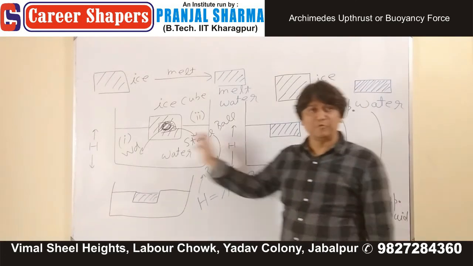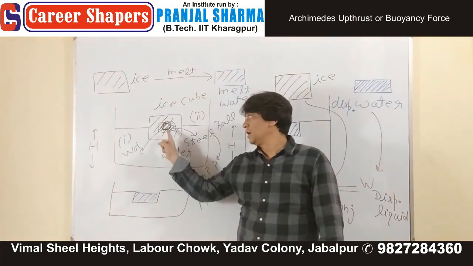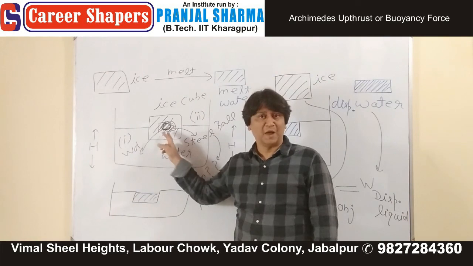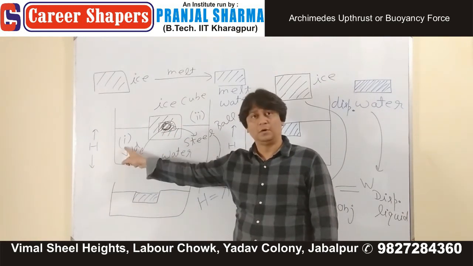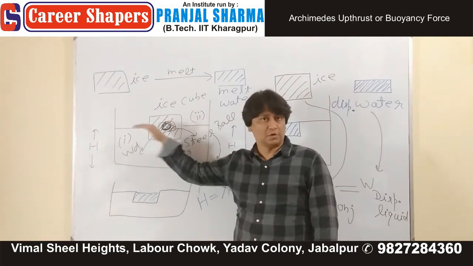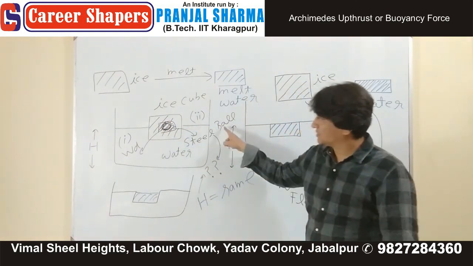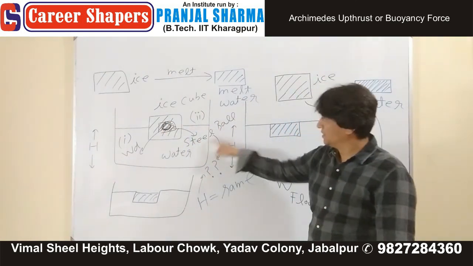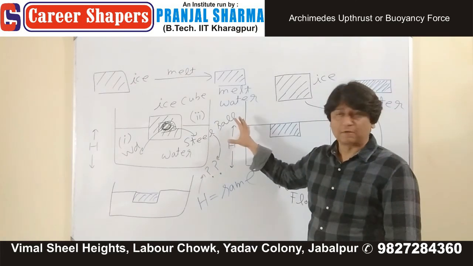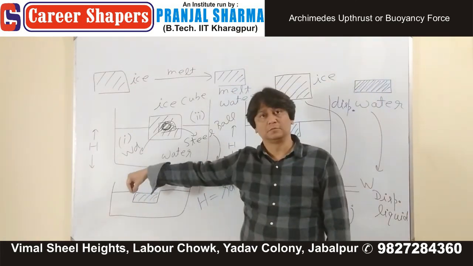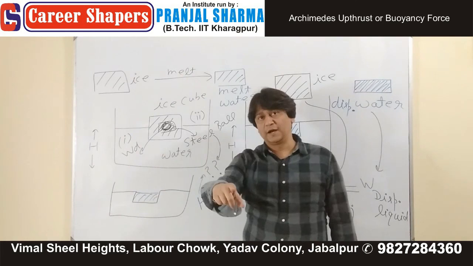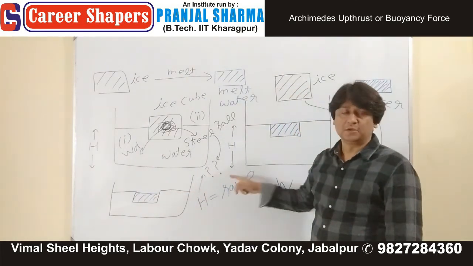What is different between these two homeworks? When ice melts, wood, it's going to float. It's lighter than water. When ice melts, the steel ball inside is not going to float. It will simply sink down. That will decide what happens to H. This is the hint.